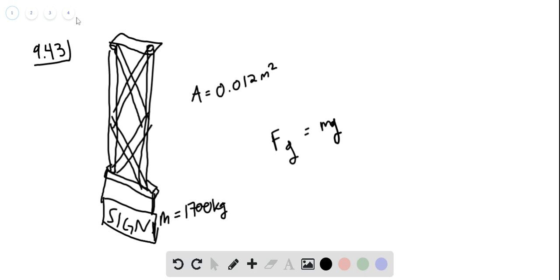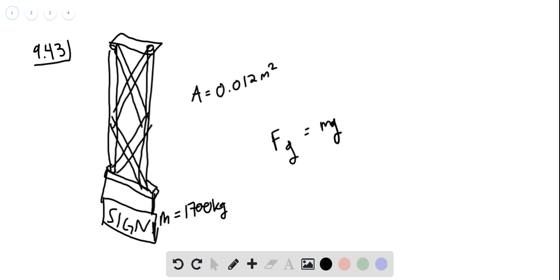So for the stress, we're looking at how much pressure the sign exerts on the girder, which is going to be the force divided by the area. So we'll take this force we have here divided by the area. For the strain, we take that number that we just calculated as the stress and divide it by the Young's modulus of the material that we're using.